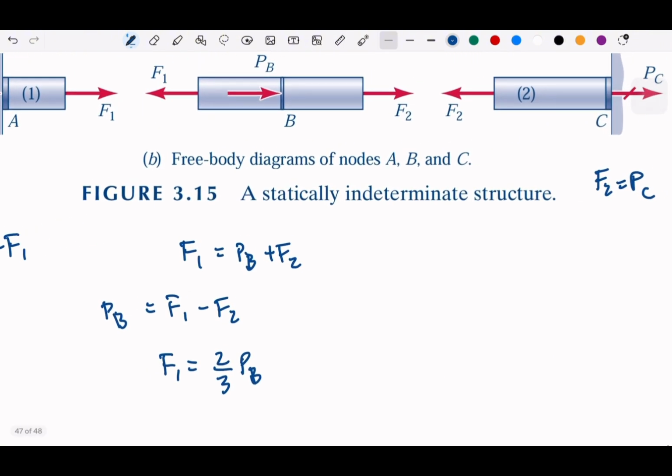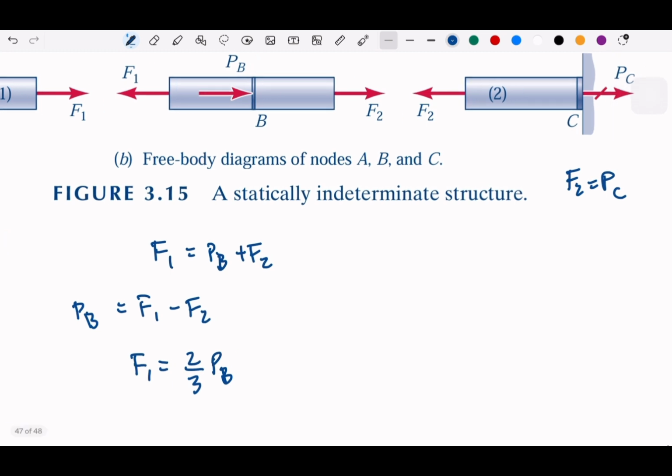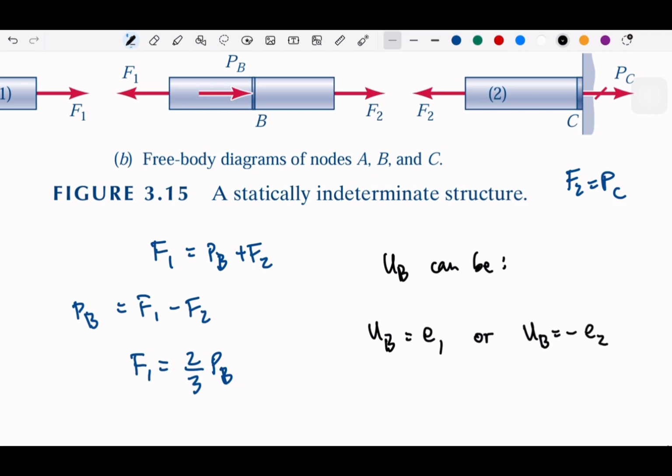And then UB, the displacement at B, we can write UB as e1, or UB is negative e2.